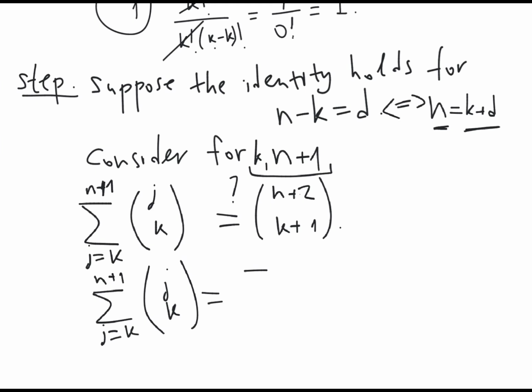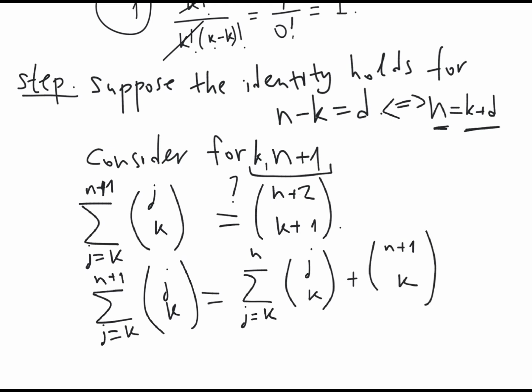So the sum for j from k to n of (j choose k), plus the last term, which is (n plus 1 choose k).